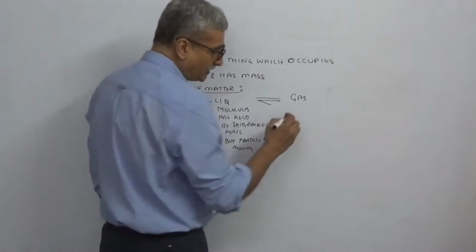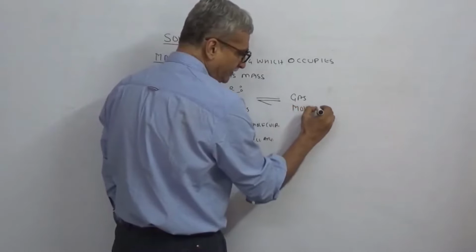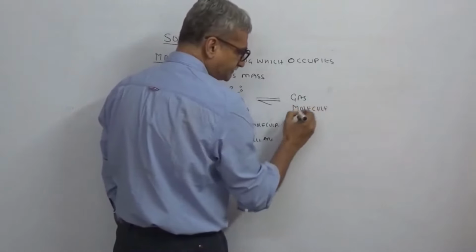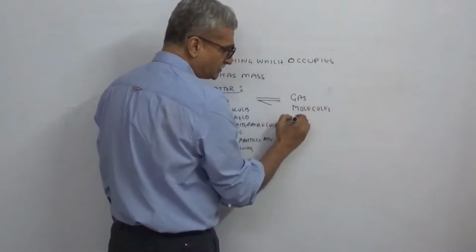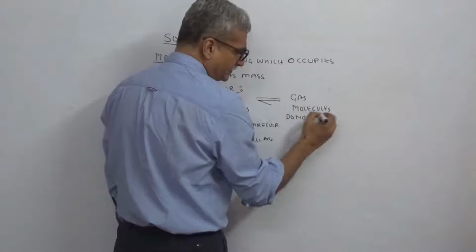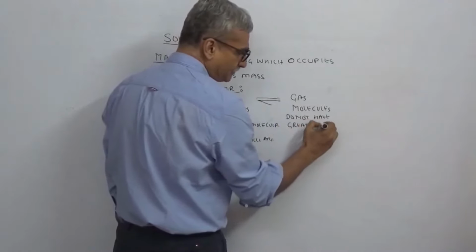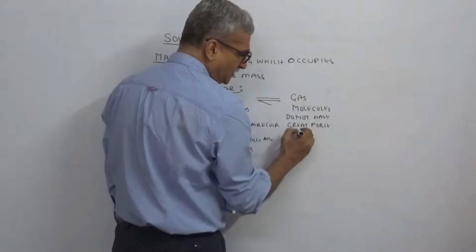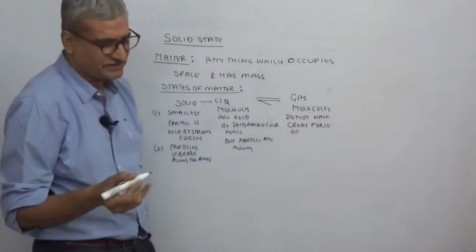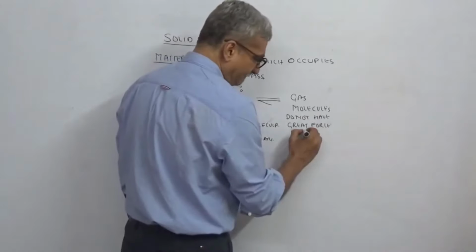In a gas, molecules do not have a great force of attraction. Great force or a strong force of attraction, whichever way we say. Maybe in the textbook there is a strong force of attraction.